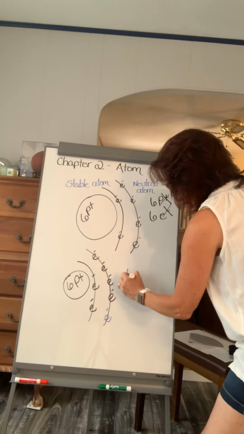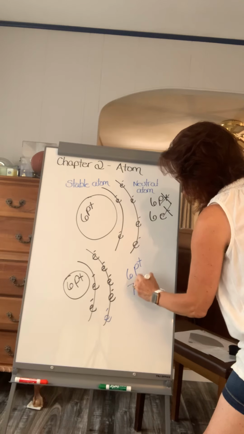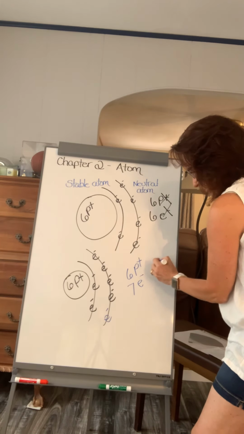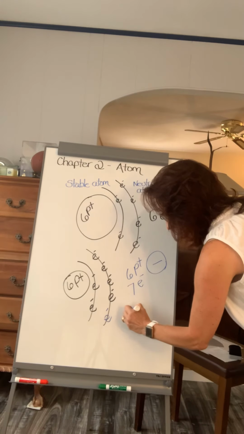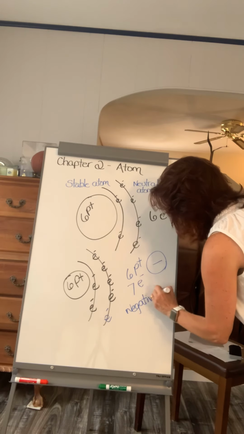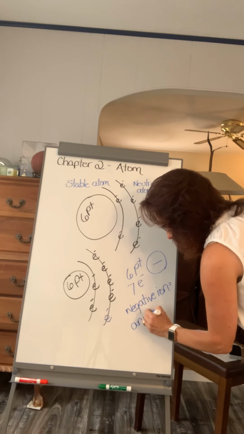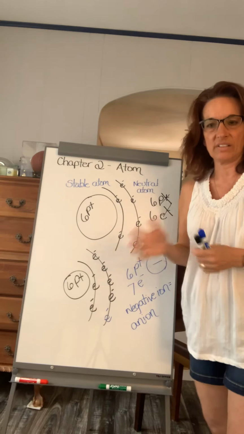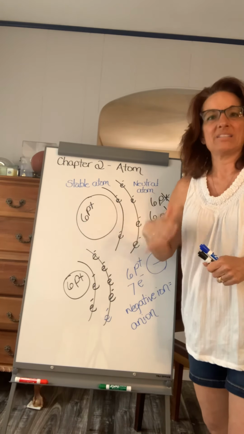So now it has 6 protons, but it has 7 electrons. You can get rid of 6 of those, but you're left with an overall negative charge. So now you would have a negative ion. And a negative ion can also be called an anion. Right? So gain or loss of an electron from a relatively stable atom is an ion.